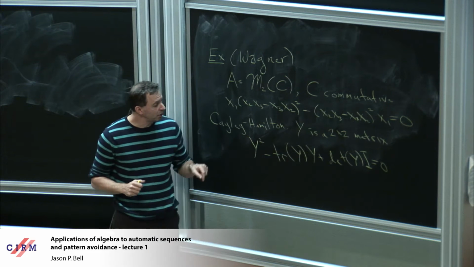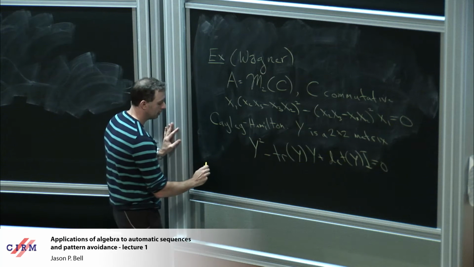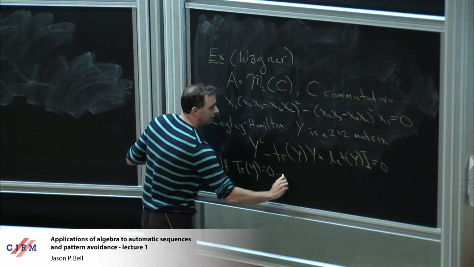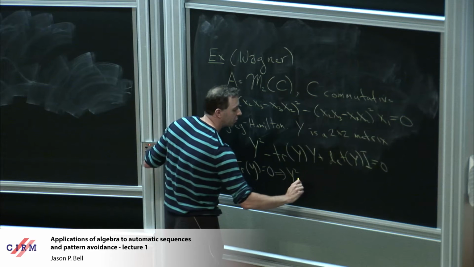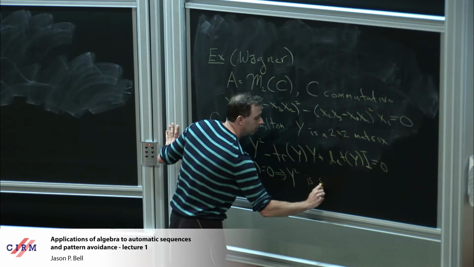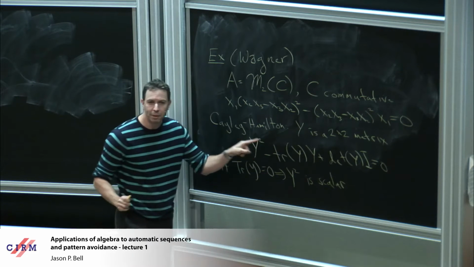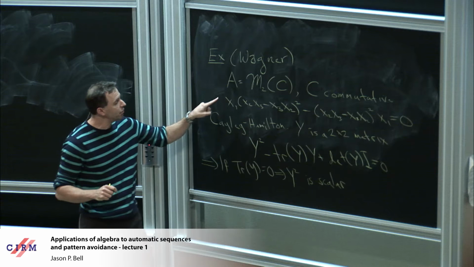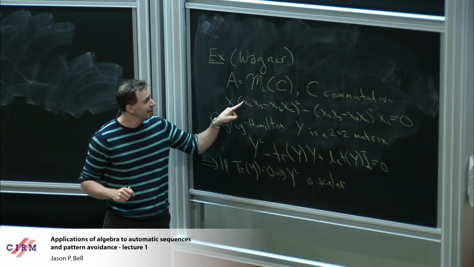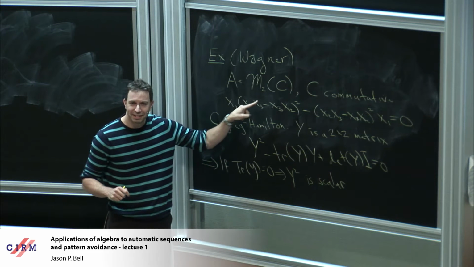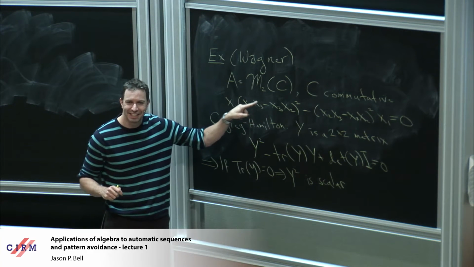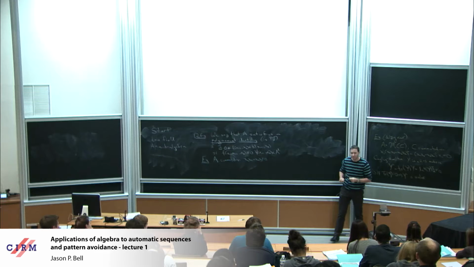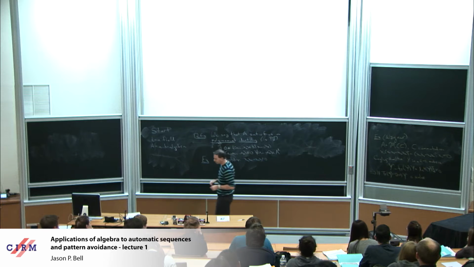And so what this says is that if I have a matrix of trace 0, then y squared is scalar, because this goes away. And now notice that if I plug in any 2 by 2 matrices, this guy is going to have trace 0, because it's just AB minus BA. So its square is going to be central. It's going to be a scalar, so it's going to commute. Sort of fun.